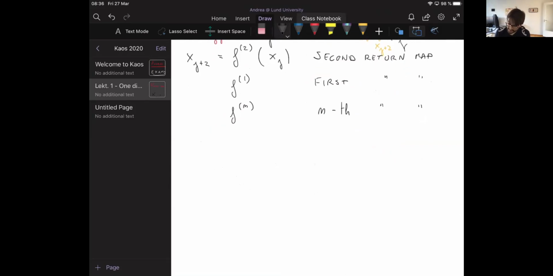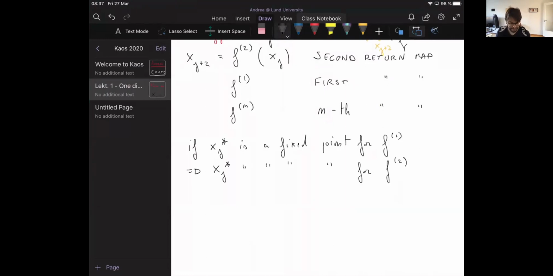So now our property is that if xj star is a fixed point, let's call it fixed point, because it can be a stable fixed point or unstable, for the first return map, then it will follow that xj star is a fixed point for the second return map, or the nth, to be more mathematical and general.